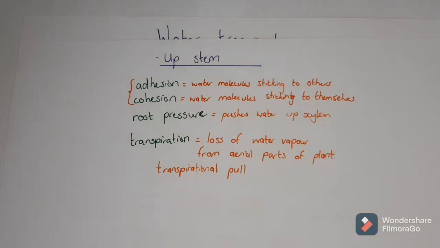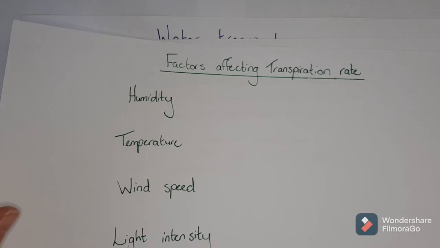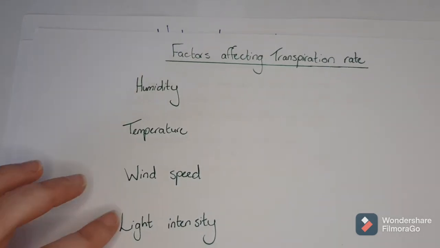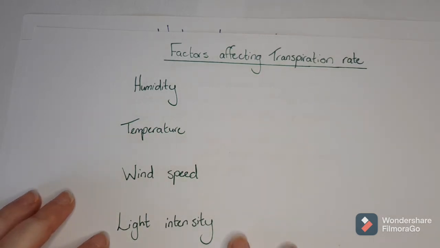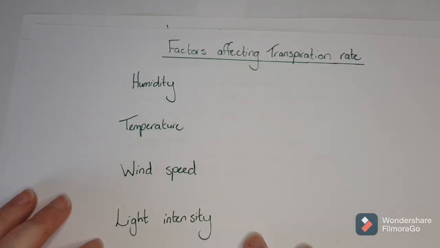Each time one molecule evaporates, it pulls the next one with it. And that's how water moves up our stem against gravity from the roots. And then there are other factors that can affect that rate, meaning how fast the water is going to move up or down. These are the 4 factors that affect our rate of transpiration.